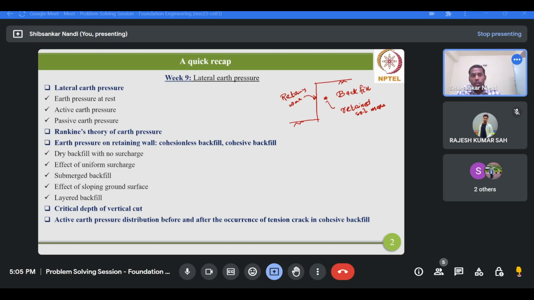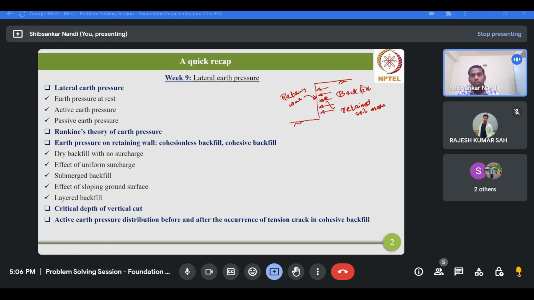Now, this retaining wall is subjected to some pressure from the backfill. So this is mostly lateral pressure. As mentioned, it can be of three types: earth pressure at rest, active earth pressure, and passive earth pressure.